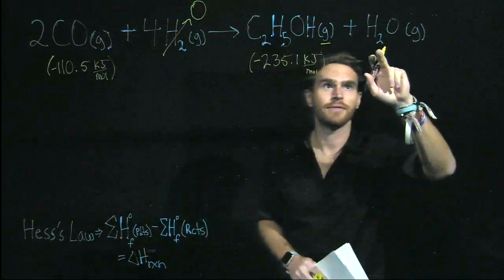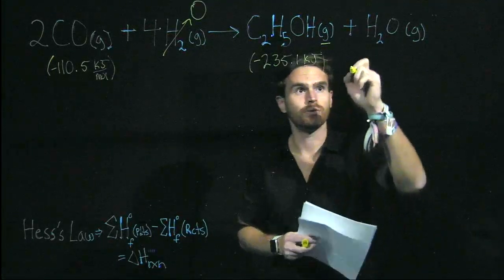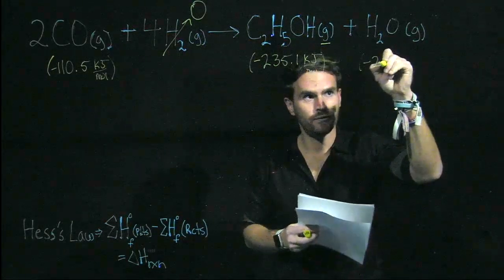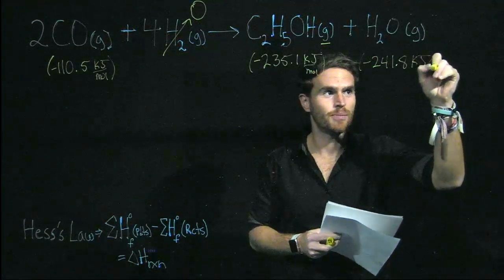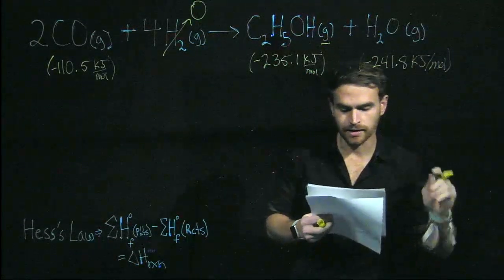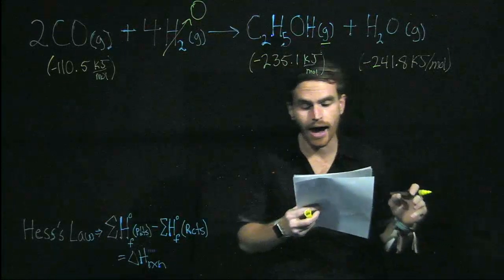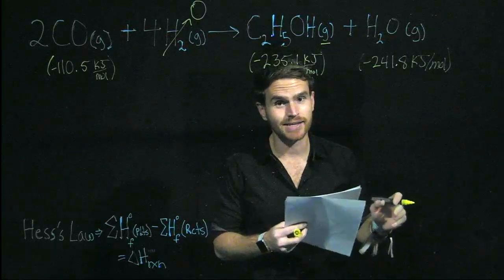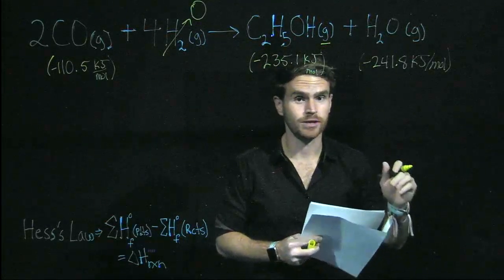Finally, for water in the gaseous state, you would find a value of negative 241.8 kilojoules per mole. Again, it's negative 241.8 kilojoules per mole and not the negative 285.8 kilojoules per mole that is the enthalpy of formation for water as a liquid.